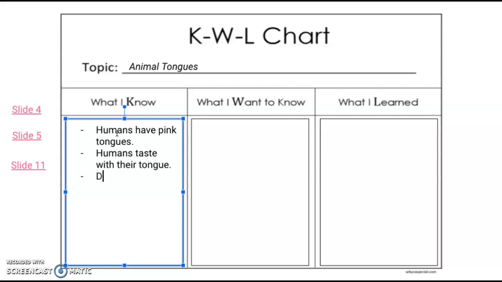I know that dogs drink water with the back or bottom of their tongue. I know that giraffes have blue tongues. And I don't know anything about hummingbird tongues. So I can't put anything about hummingbird tongues in that section of what I know.